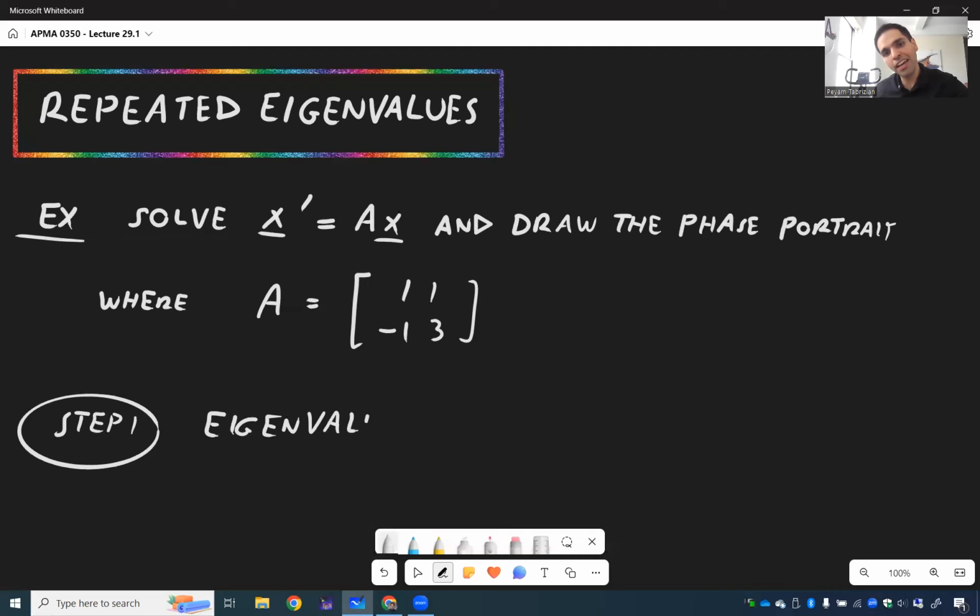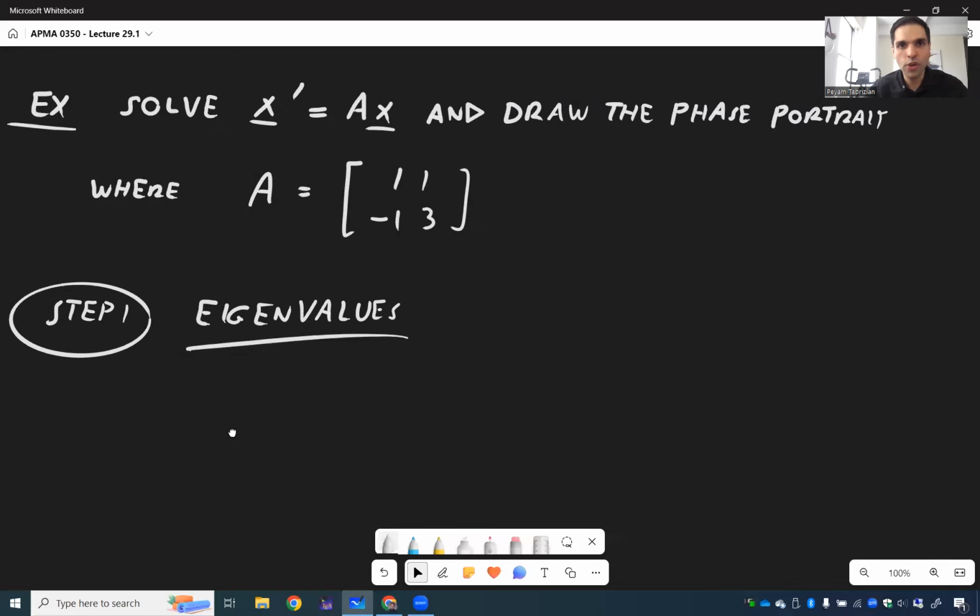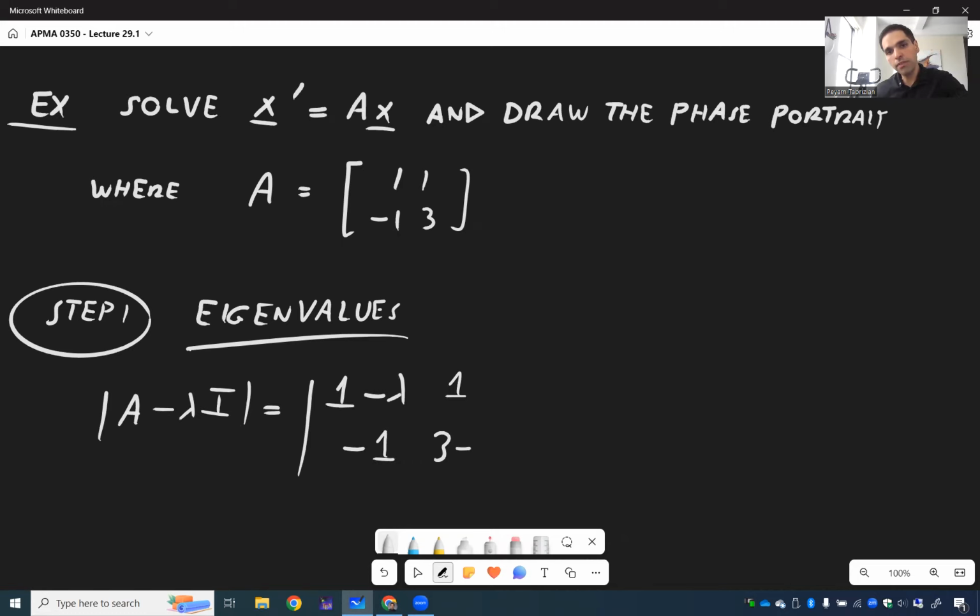And so as usual, let's find the eigenvalues. Because remember, if I can do it, so can you. So let's find the determinant of A minus lambda I. So that becomes (1 minus lambda), 1, minus 1, (3 minus lambda). Evaluate the determinant.